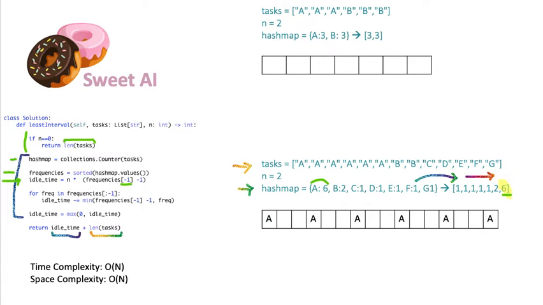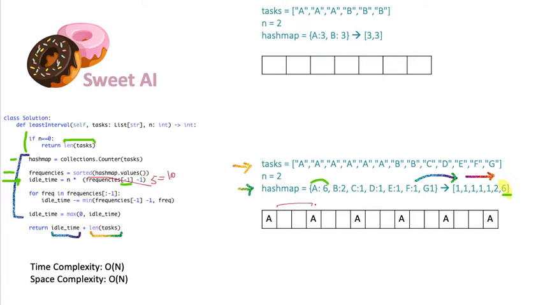So that's why we are going to say frequency minus 1, which is 6 minus 1. The number that we get from here is going to be 5. So 2 multiplied by 5 is going to be 10. Based on the illustration that we have here, it's the same number that we see from here.